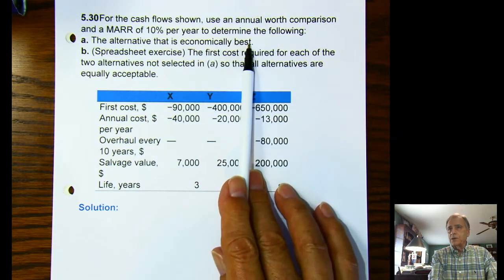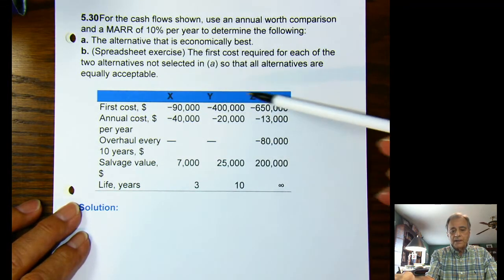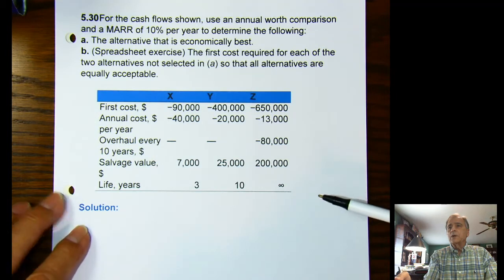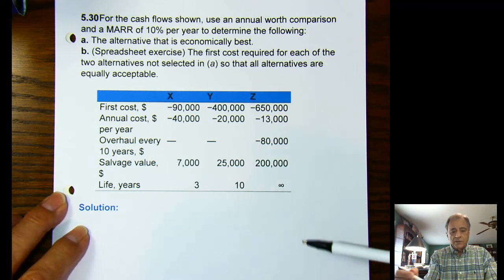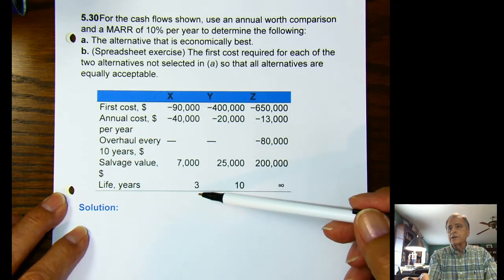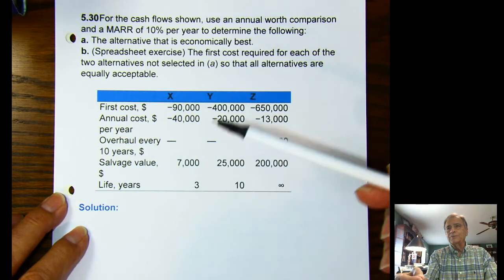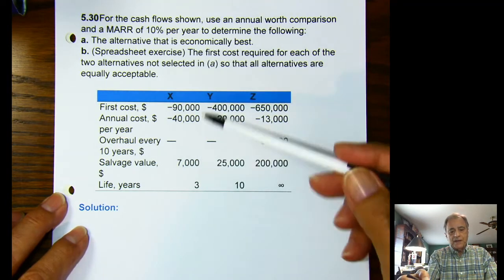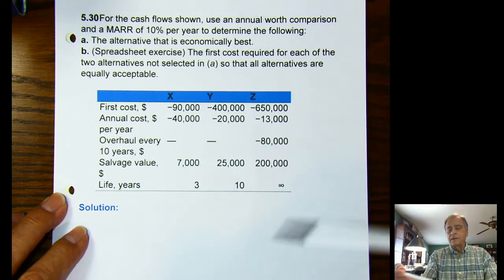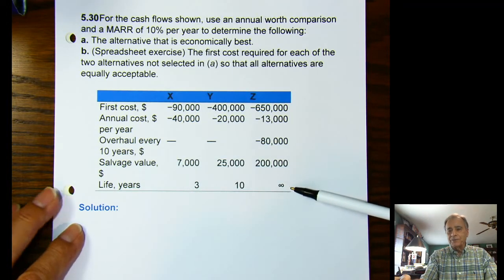Of these three alternatives, X, Y, and Z, we want the one with the least annual cost. This alternative lasts 3 years, so we're going to have to assume least common multiple of lives, and that it can be repeated infinitely.